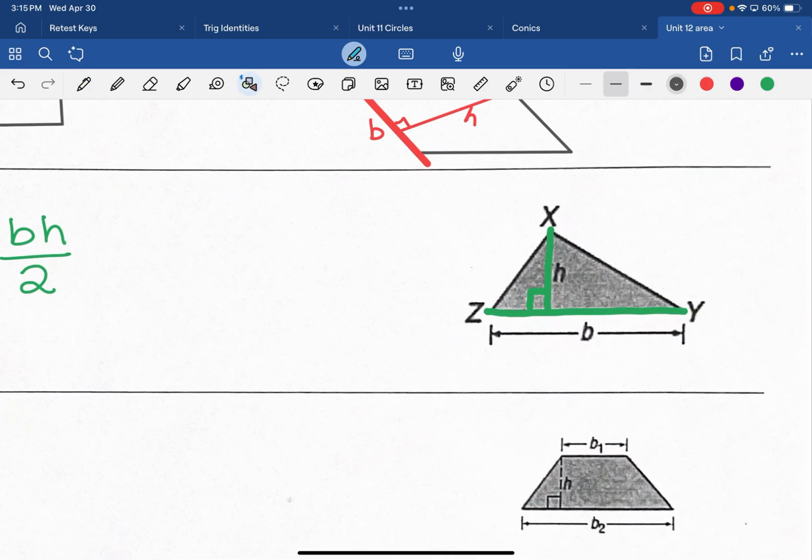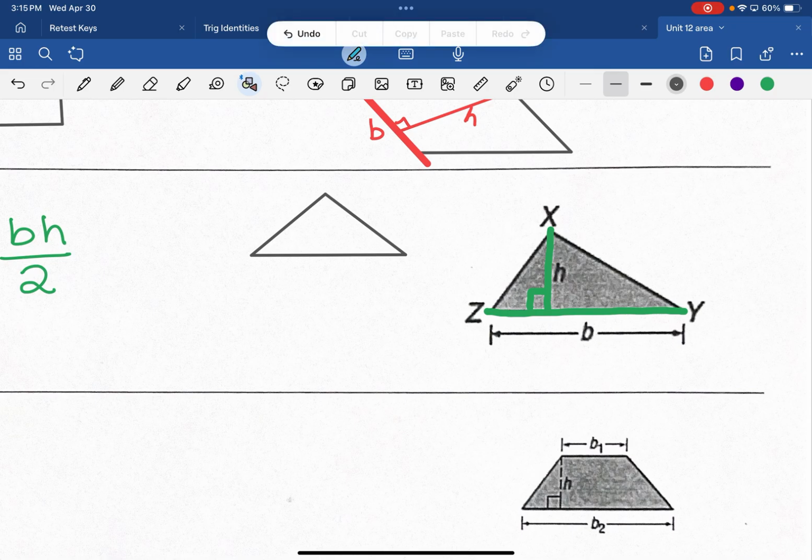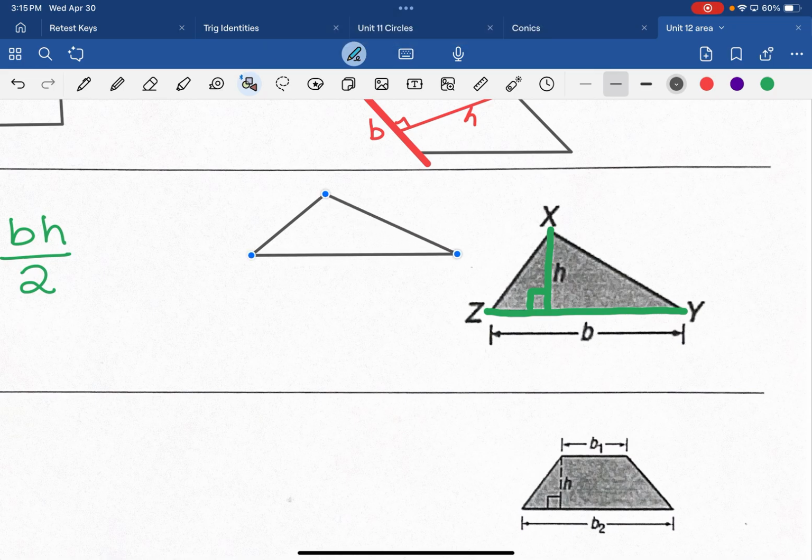So if I have any type of triangle, if I have this triangle right here, bring this out a little bit more. Okay, if I have that triangle right there, we could say that this side over here is the base.